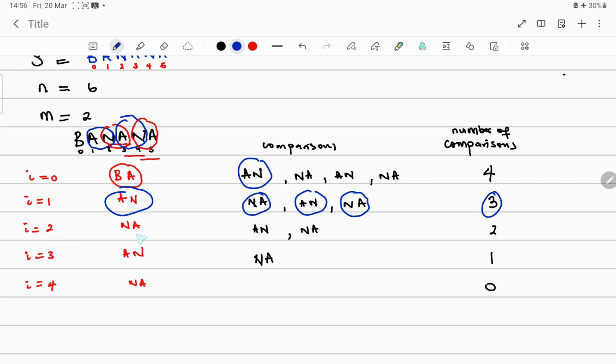For i equal to 2, we are comparing NA with AN and NA. And for i equals 3, we are comparing AN with NA.